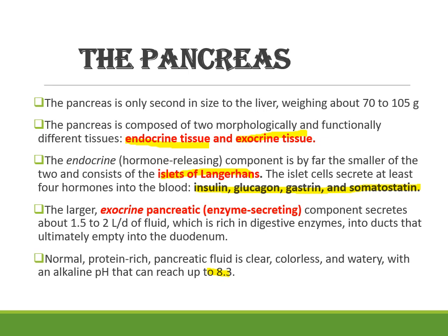The alkalinity of the pancreatic fluid is caused by a high concentration of sodium bicarbonate, which is used to neutralize the hydrochloric acid in the gastric fluid from the stomach as it enters the duodenum.